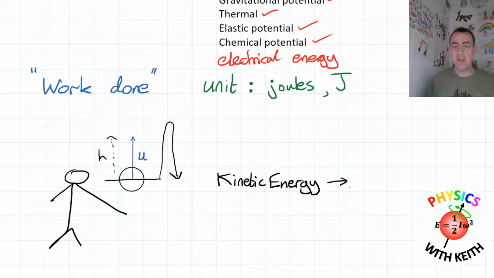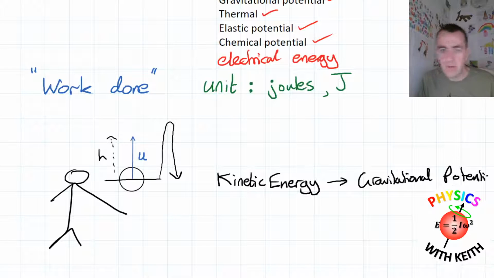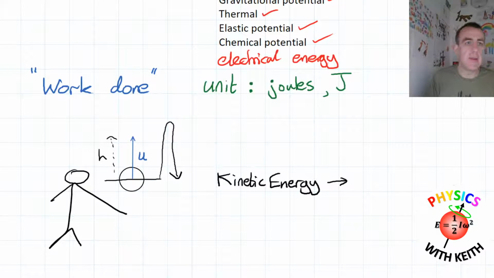So the way we show that is by showing the kinetic energy store being passed to the gravitational potential energy store. I've gone off the side of my screen there, so I'm going to abbreviate this to GPE. Gravitational potential energy. Okay. Now the amount of energy that's been transferred across is called the work.